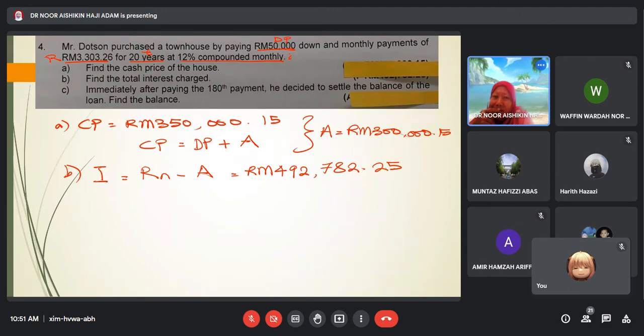Ini S ke A? A. Kenapa A? Sebab dia nak settlekan balance sebelum masa. Dia nak A. A apa? N is 60. 240 tolak 180. Yang ni dia dah bayar. So you get A, N equals 60.